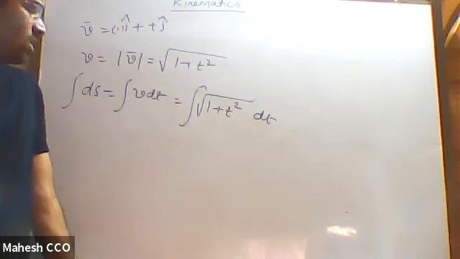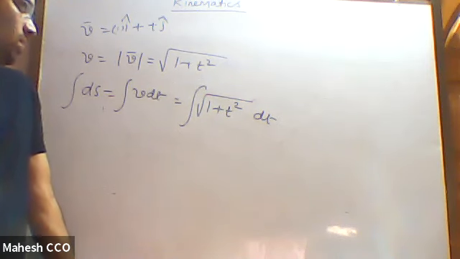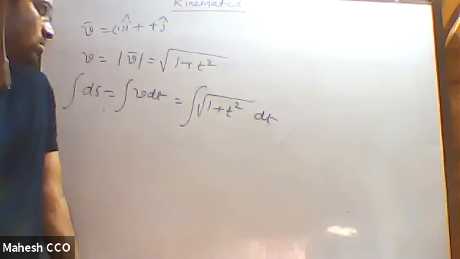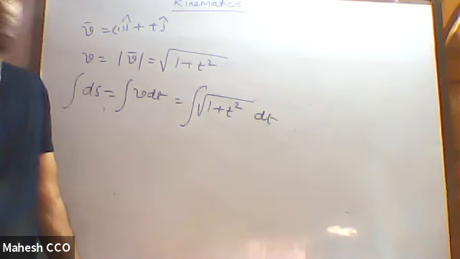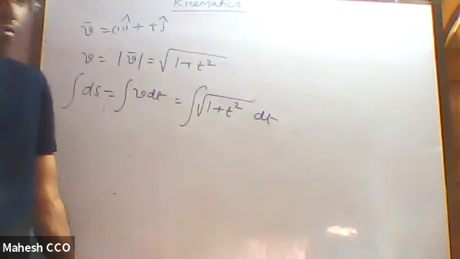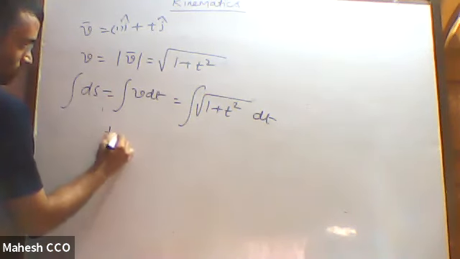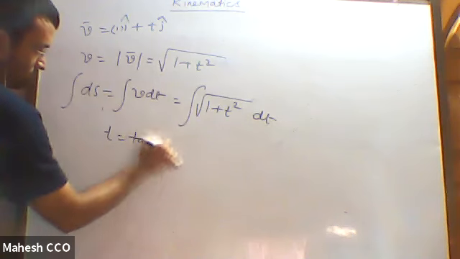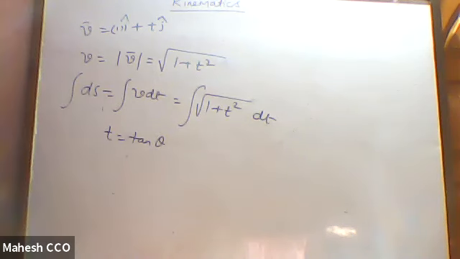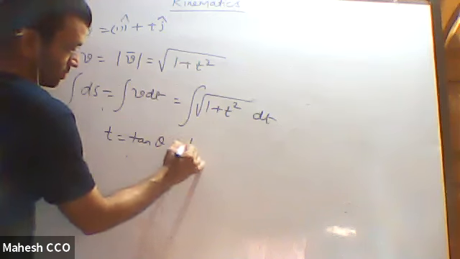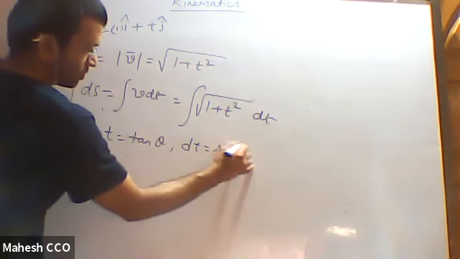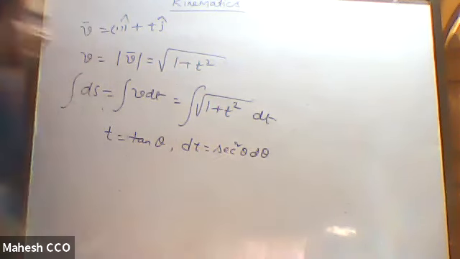Quite a tough integration, but there is no easier method of doing this. So take t is equal to tan theta. Then dt will be equal to secant square theta d theta.